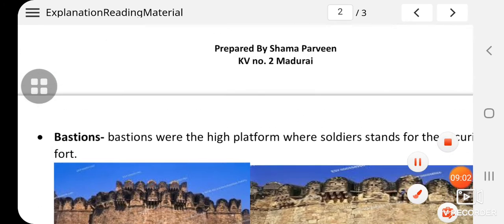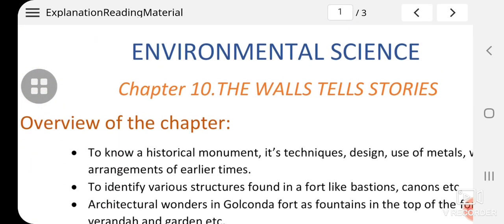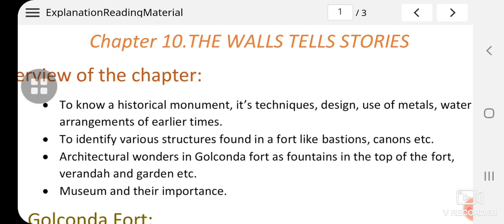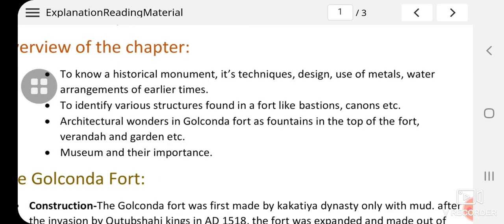So here once again I'll repeat today's video with you. Here we are going to know about the historical monument, Golconda Fort, its techniques, designs, use of metals, water arrangements of earlier times, and identify various structures found in a fort like bastions, cannons, etc. Architectural wonders in Golconda Fort such as fountains on the top of the fort, though there were no water pumps, veranda and garden, etc. Veranda, you must be thinking what it is.